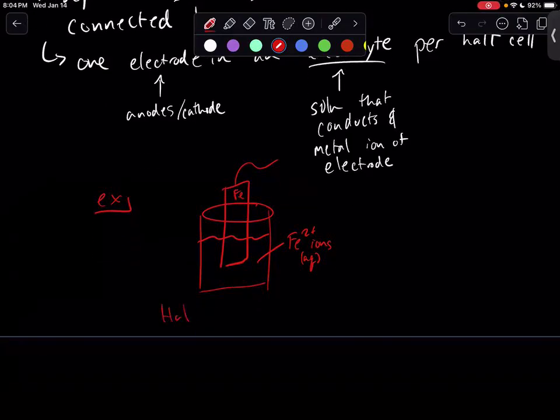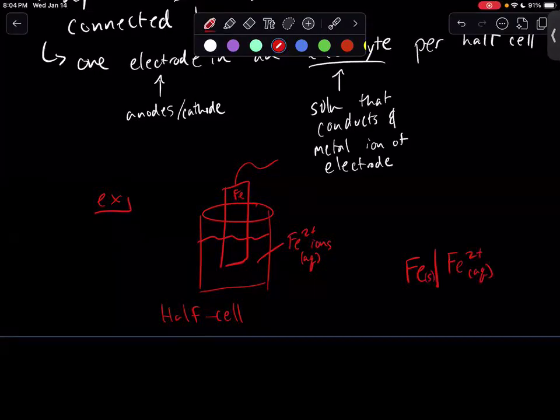We can also represent this half cell. Once again, this is called a half cell because you need two for your primary battery, your voltaic cell. You can represent it as such: Fe, single line, Fe2 plus, and we're going to add our state symbols here.